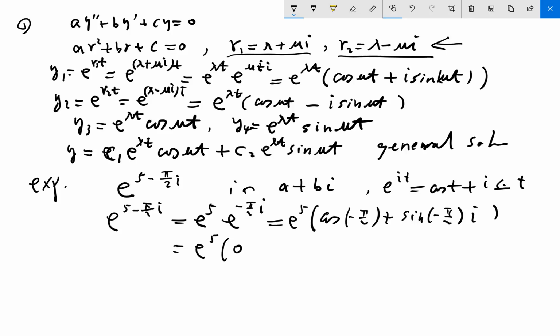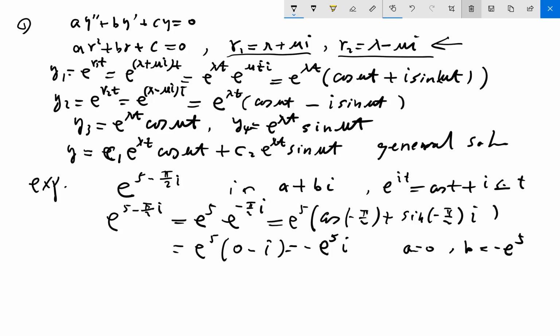Cosine pi over 2 is 0, sine pi over 2 gives negative 1, so the answer will be negative e to the 5 times i. So a equals 0, b is negative e to the 5.